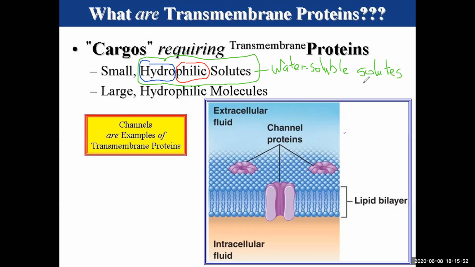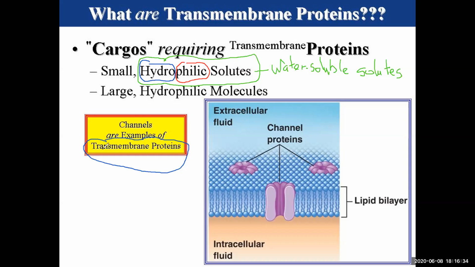These water-soluble chemicals will not be allowed to cross the cell membrane, will not be allowed to cross the phospholipid bilayer. So they need help to be able to cross that fat-based membrane. And the assistants are transmembrane proteins that are located at the membrane.